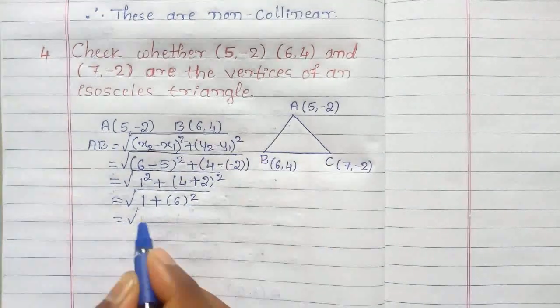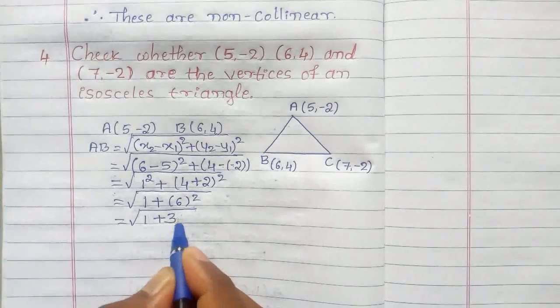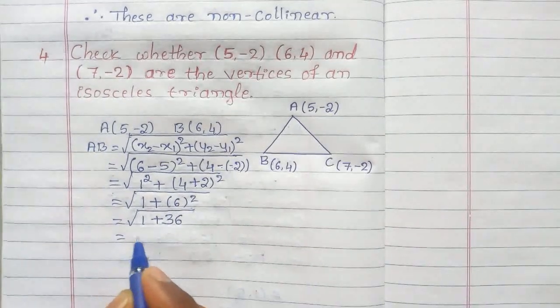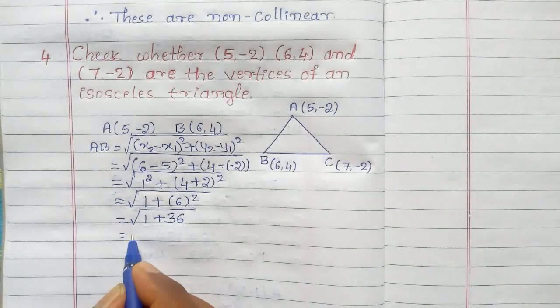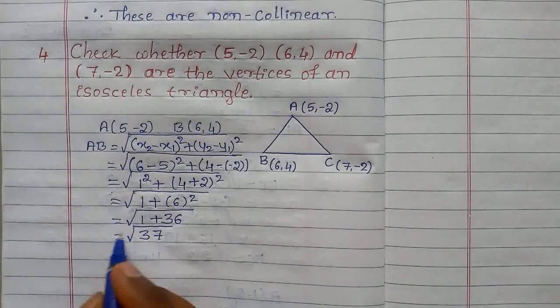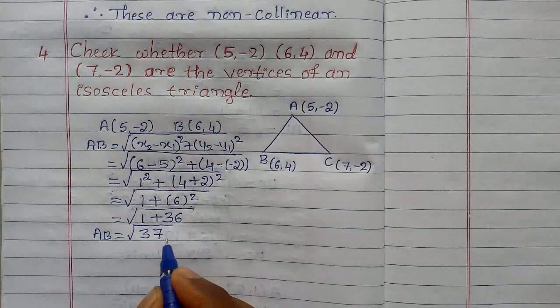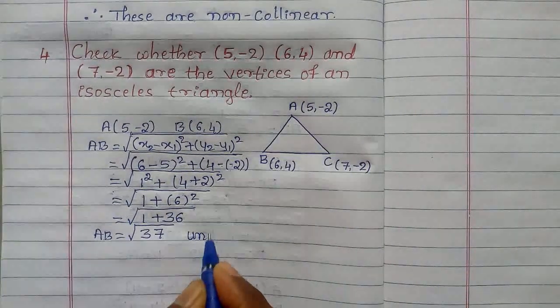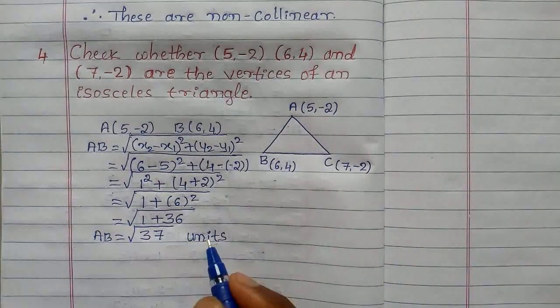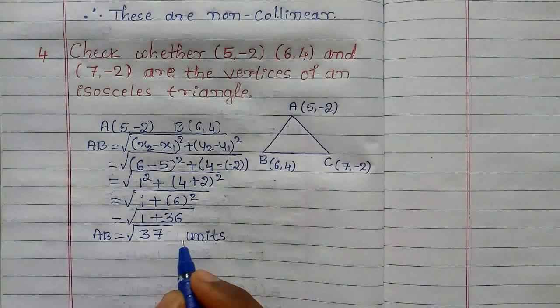Then square root of 1 plus 6 square is 36. Then square root of 1 plus 36 is 37. Then AB is equal to square root 37 units. Now we know that the distance of A to B is square root 37 units.